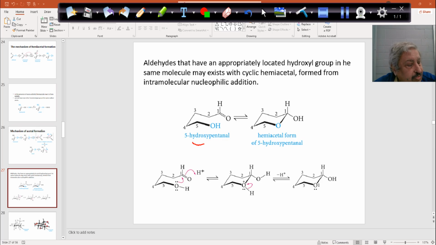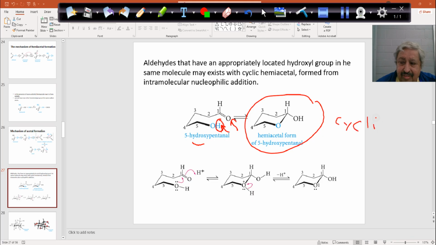It can cleave off the H, not H plus, but the partially positive proton, and then it will come and take the nuclei of oxygen, partially negative, of the aldehyde group, and then it will form a cyclic ring. Either it's linear aldehyde, correct, or cyclic.